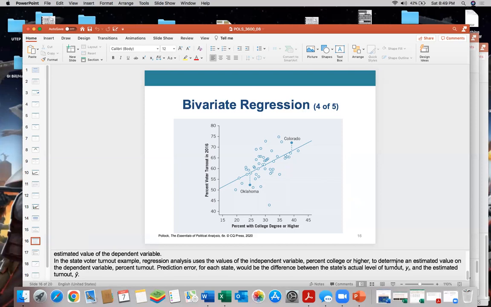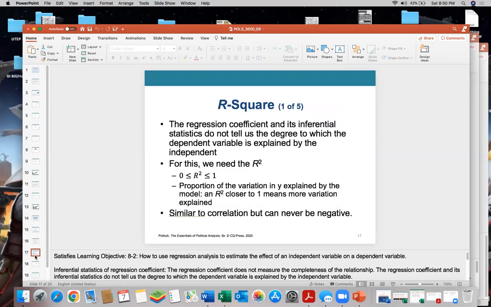So I think really the next thing to look at is R squared, which I'm sure we're all pretty familiar with by now. R squared is a number between 0 and 1, and whatever that decimal is explains how much of the variation in the relationship is explained.